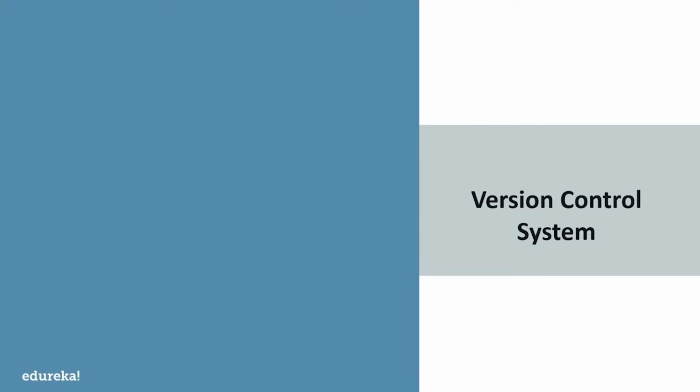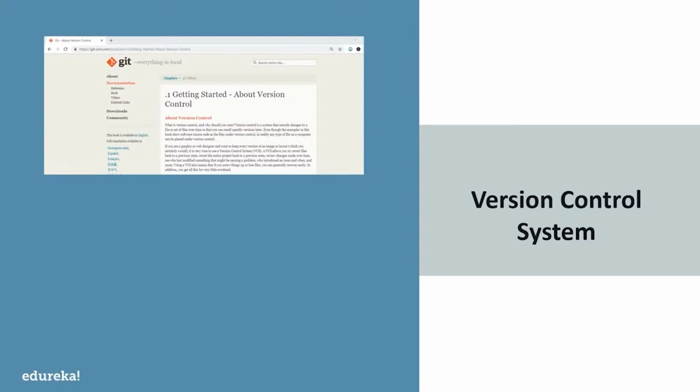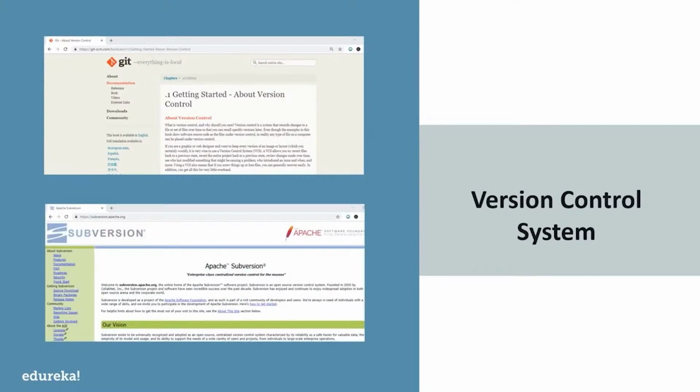But for some reason, this feature slowed down your website and you want to go back to the old version of your website. So usually it is very hard to revert back to an older version, but a version control system takes care of this because it has a track of all the code changes that you've made and it can easily revert back to any code change. Some of the popular version control systems include Git and Subversion.